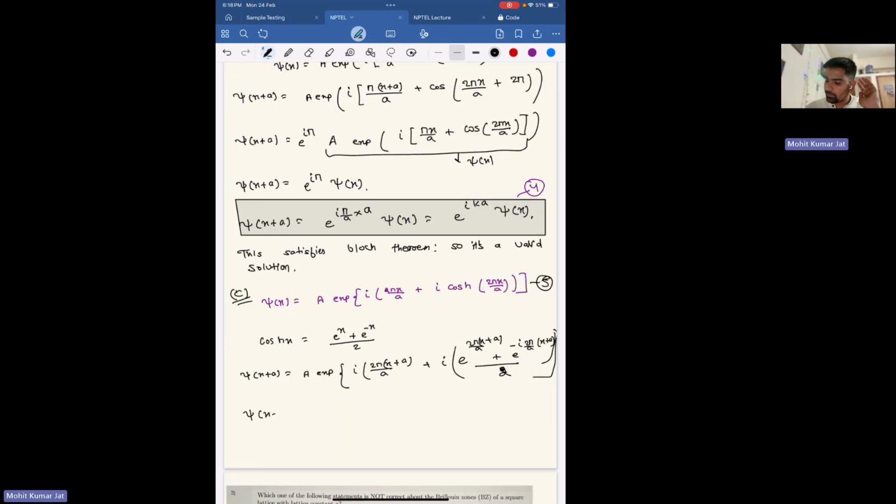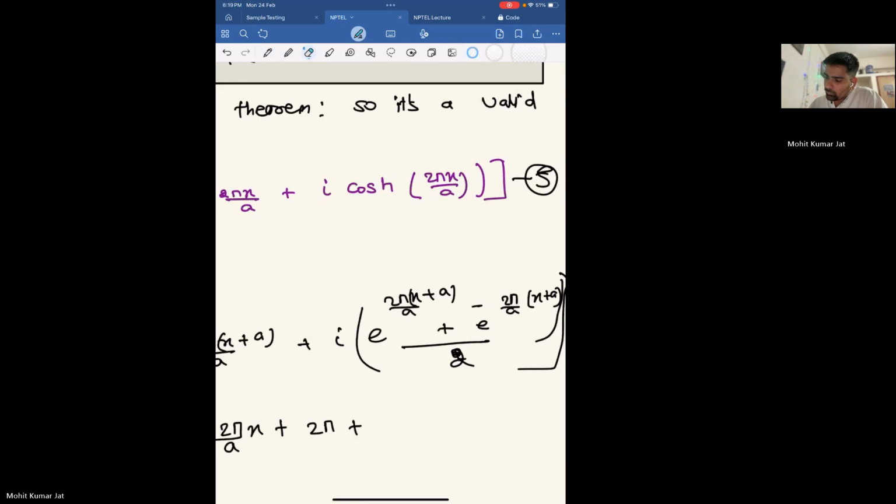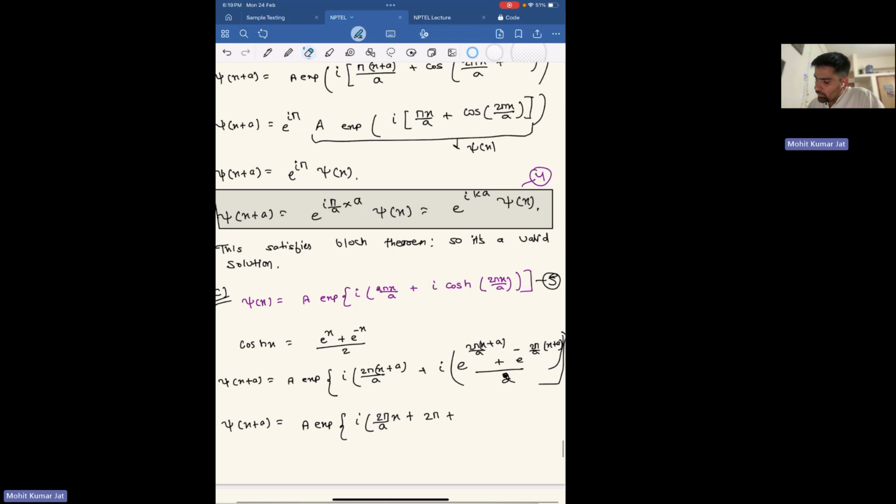Psi x plus a is a e to the power i 2 pi by a times x plus 2 pi, plus e to the power 2 pi x by a, plus i e to the power i 2 pi.